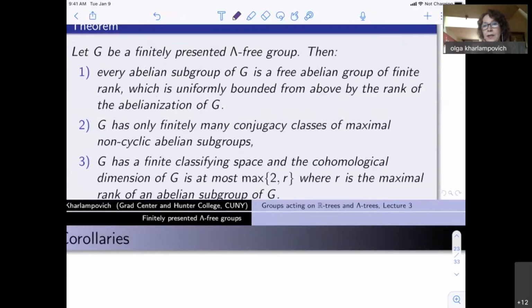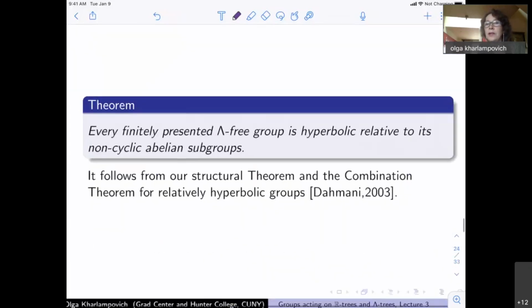The group has finitely many conjugacy classes of maximal non-cyclic abelian subgroups. It has a finite classifying space, and the homological dimension is at most the maximum of 2 or R, where R is the maximal rank of abelian subgroups. Then it is hyperbolic relative to non-cyclic abelian subgroups, so it's toral relatively hyperbolic.